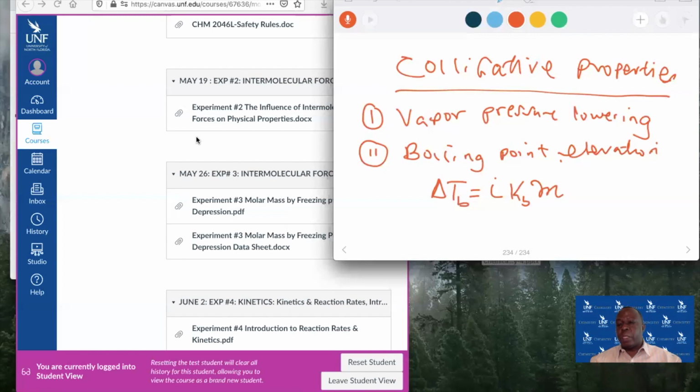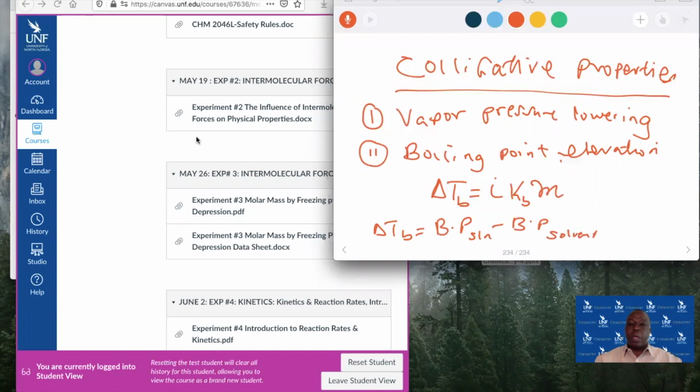So this is the equation for determining the change in boiling point between the boiling point of the pure solvent. So if we are to determine the change in temperature, it's going to be the boiling point of the solution, minus the boiling point of the pure solvent.